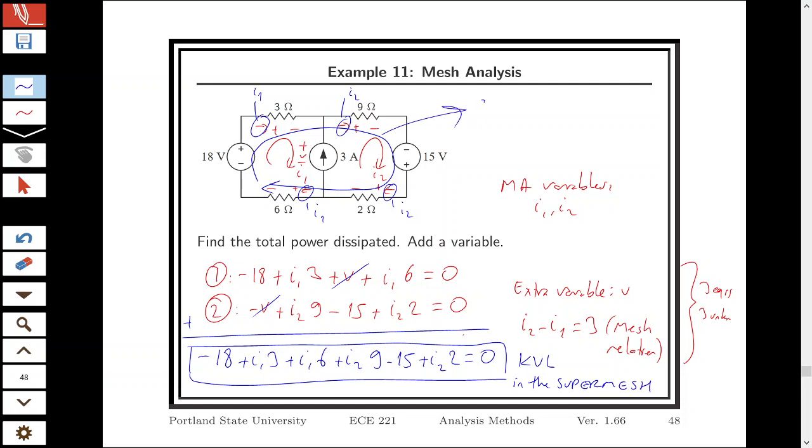So when you write down this KVL equation in the supermesh, there is no need for this extra variable V. So together with this mesh relation, the system can be solved. Two equations, two unknowns.